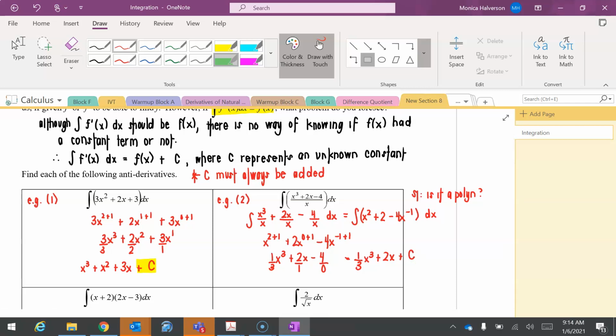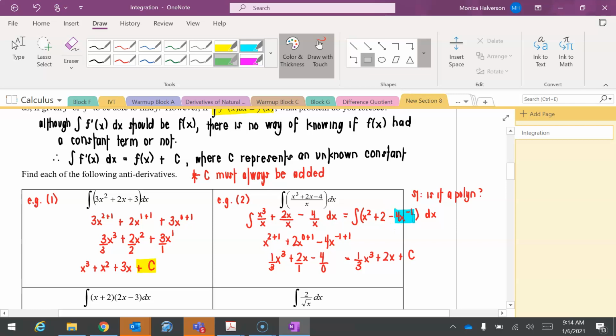Now, if we do it this way, we've got a little bit of an issue. Because if I were to check my work here, I get x squared plus 2, and that's it. We'd be missing this term.